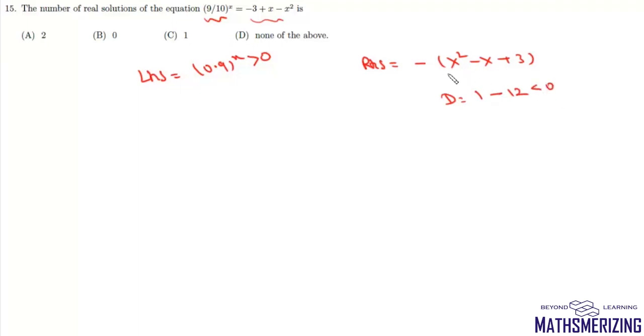So a quadratic expression opening downwards and D less than 0, that means this quadratic expression will always lie below x-axis. So the value of y in this case will always be less than 0. So left hand side is always greater than 0 and right hand side is always less than 0. So that means there cannot be a real value of x for which left hand side is equal to right hand side. So number of real solutions in this case will be simply 0 and that's your option number B.